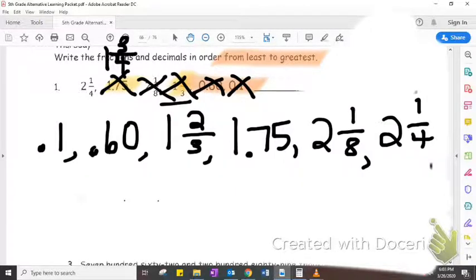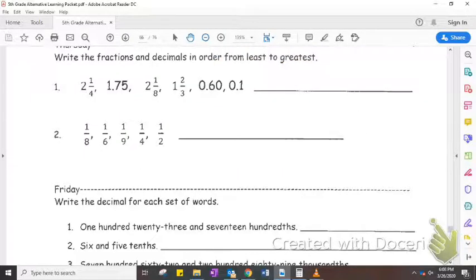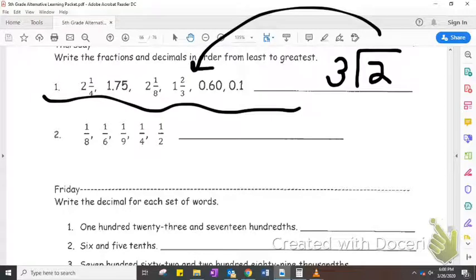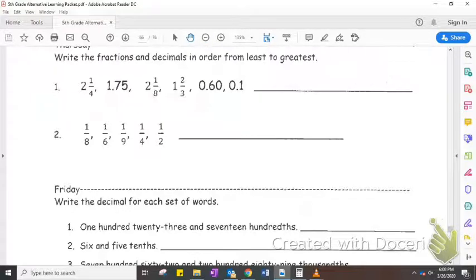Now I did not model this here. Oops, but you can always divide them out. You could divide 2 divided by 3 to find the decimal equivalence of 2/3.